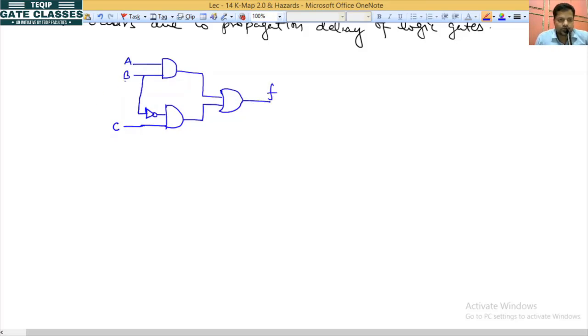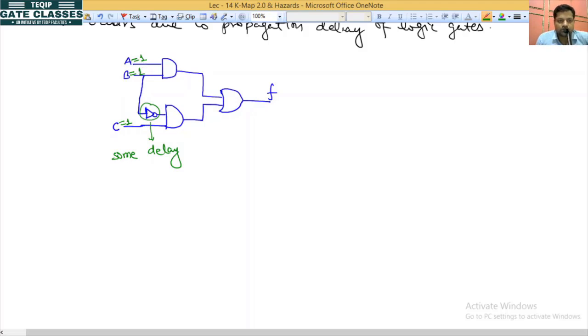Now initially, suppose we don't have any delay for these gates, but we have some delay for this gate. It has some delay to produce output, the propagation delay.